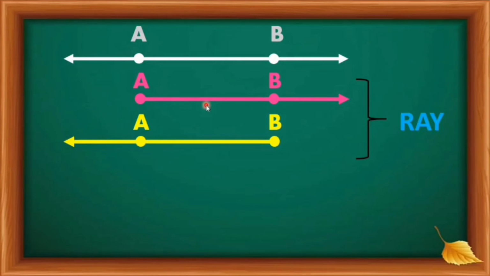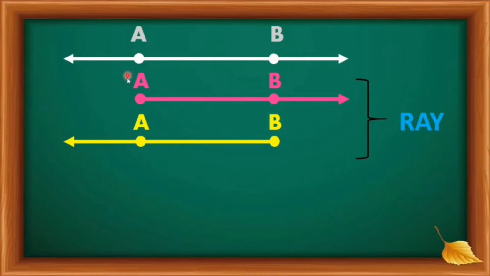It is endless. It is immeasurable. Just like this ray here, from point B towards this direction, yung arrowhead na to ay nagpapakita na it can be extended to this direction infinitely. Okay? So, how are we going to name these rays?